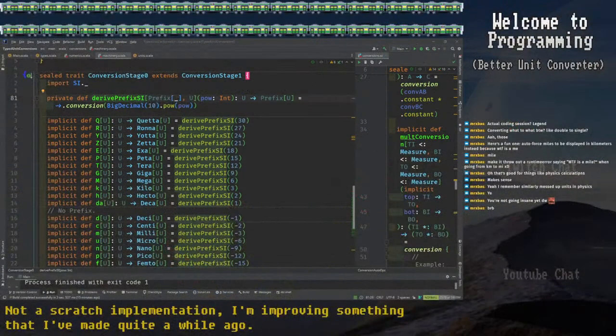Alright, let's go back to some really dumb implementation. There is another set of prefixes that I now just realized. What are those prefixes called, actually?